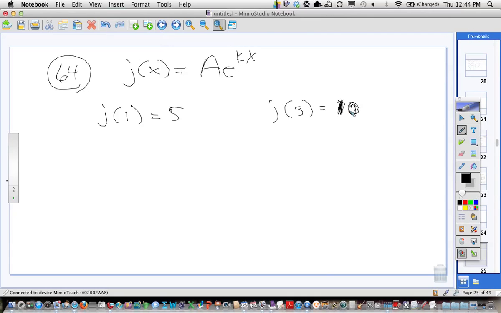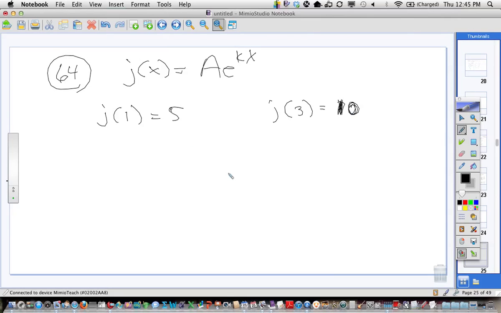For example, in a styrofoam cup, it won't cool as fast as in a ceramic mug, because the styrofoam insulates it more. K would represent those kinds of quantities. So we take two temperature readings, at 1 minute and at 3 minutes. Based on those two, we can figure out what A and K are, and then predict the temperature at any given time. That would be an example of a problem like this.